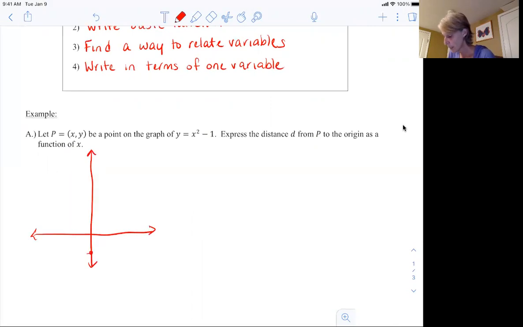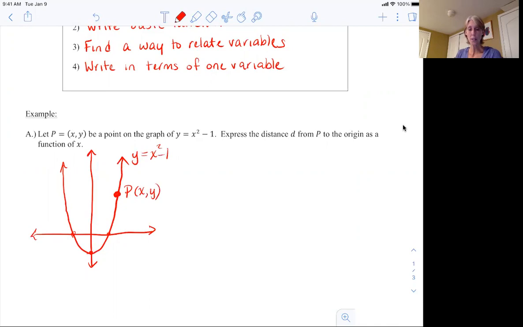It doesn't have to be perfect. This is just a little sketch to help us. So there is our function, y equals x squared minus 1. And we're going to have some point P on that function. And that point P is an ordered pair (x, y).